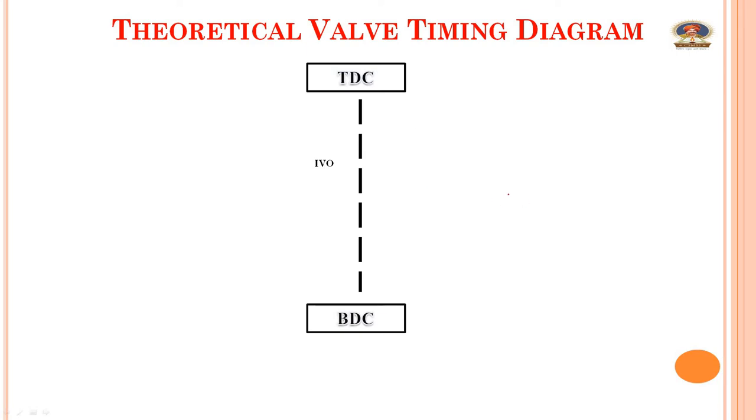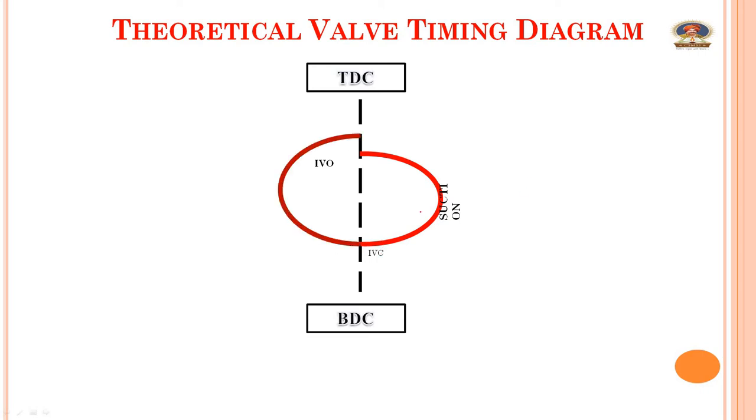In a theoretical valve timing diagram, it is assumed that the inlet valve opens when the piston is at TDC. During this stroke, suction takes place, and at the end of the suction stroke, the inlet valve is closed. So this is the first 180 degree rotation of the crank.